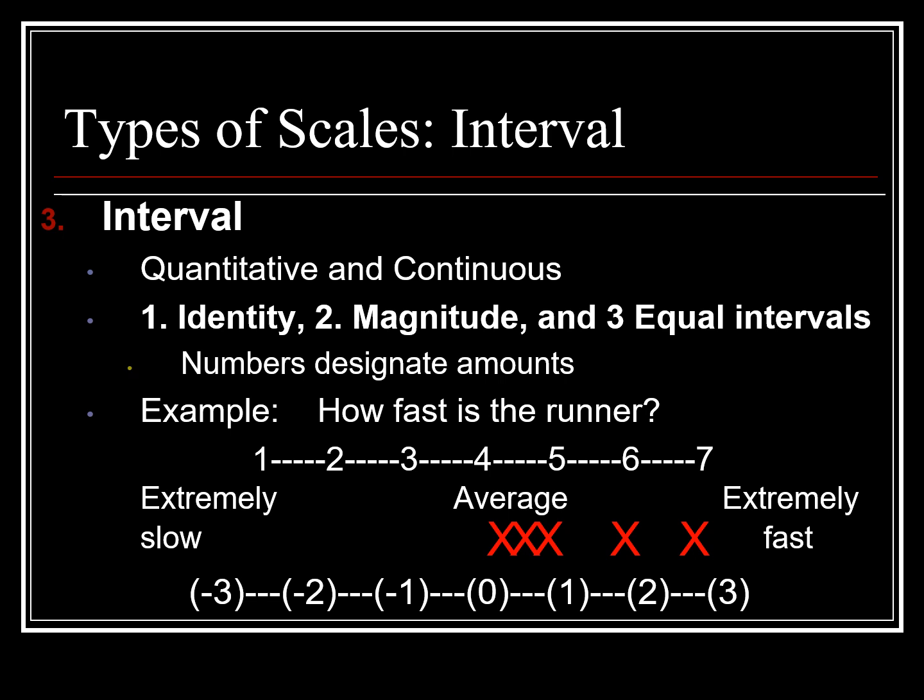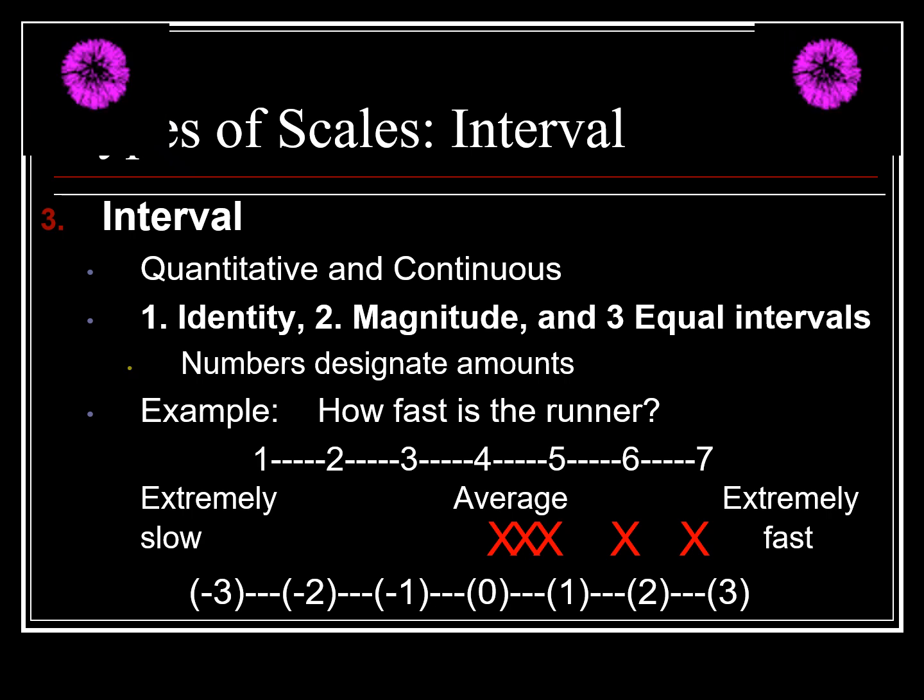But assuming that the numerical difference between the numbers is the same, 100, 200, 300, 400, 500, 600, 700, or -3 to +3, and that the labels are symmetrical, extremely slow to extremely fast, strongly disagree to strongly agree, we generally can treat those scales as continuous, quantitative, with identity, magnitude, and equal interval.